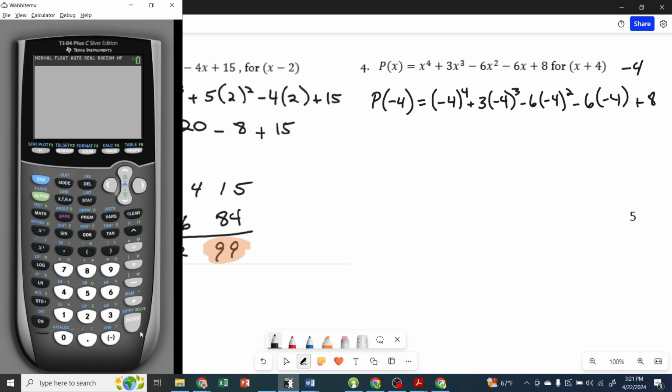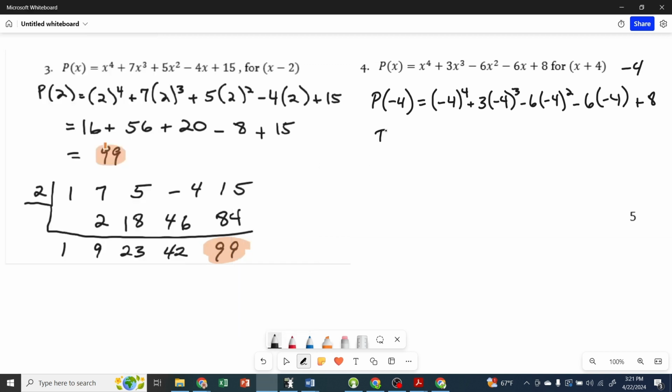And when I hit enter, I get a value of 0. So p of negative 4 is equal to 0.